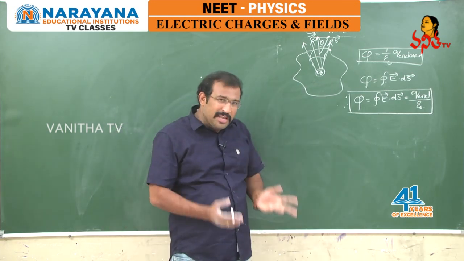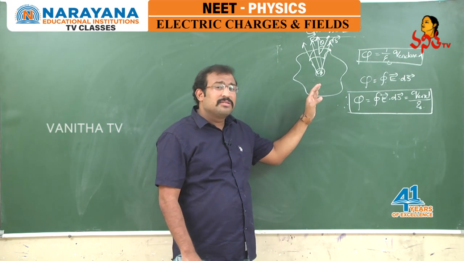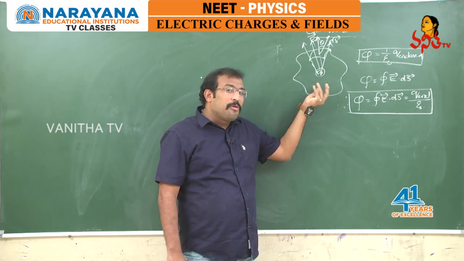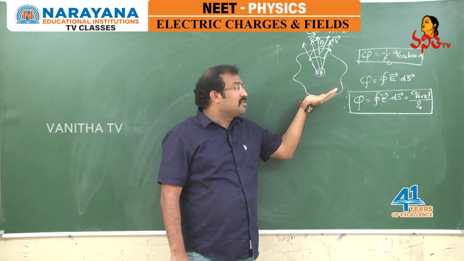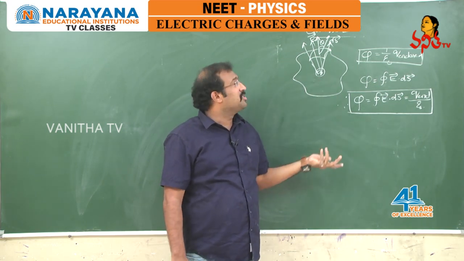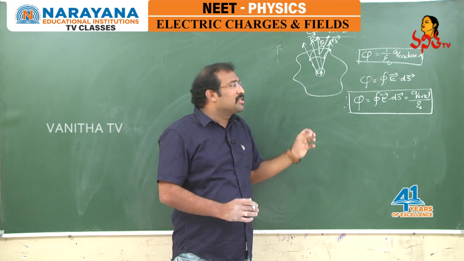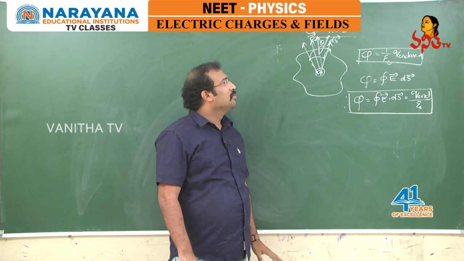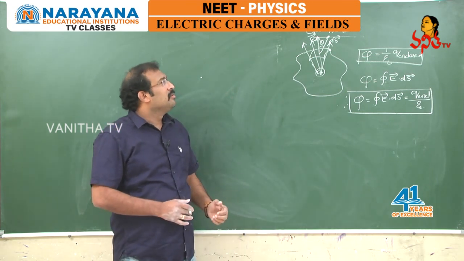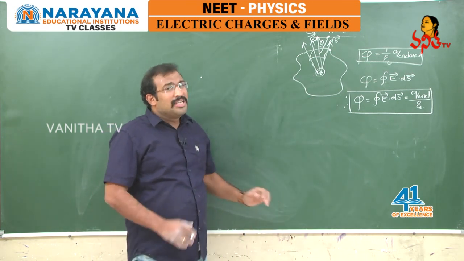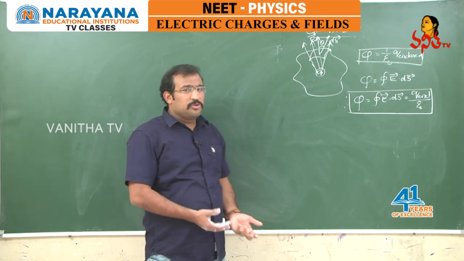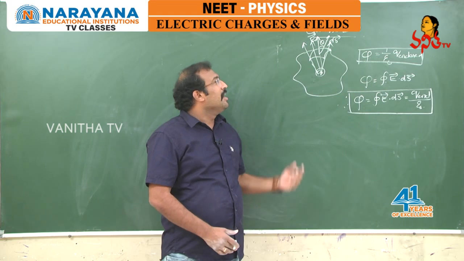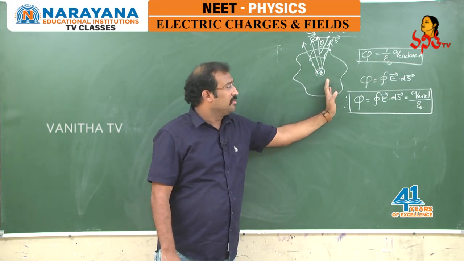It is applicable anywhere, whether it is uniformly distributed charge or non-uniformly distributed charge, but it is easier and more comfortable for symmetrical distributions. So, Gauss law is applied for symmetrical distributions and we can find the electric field strength easily for such distributions.